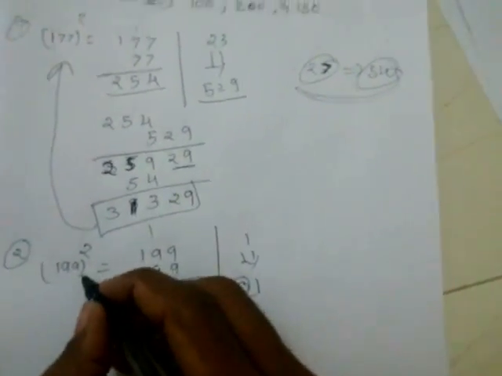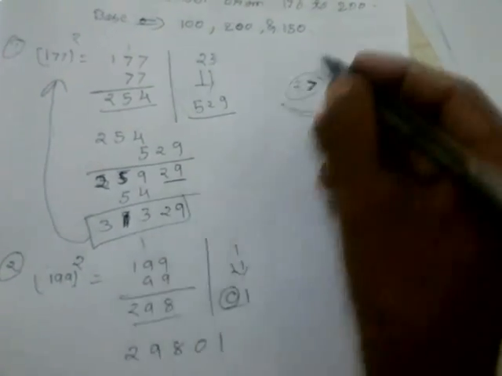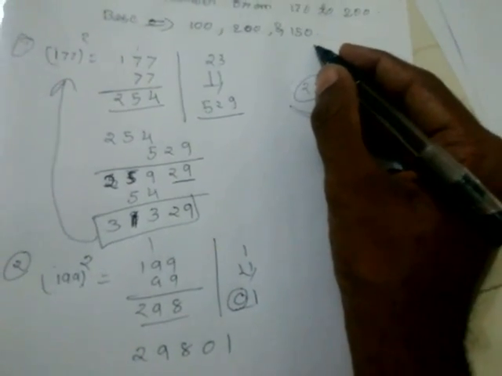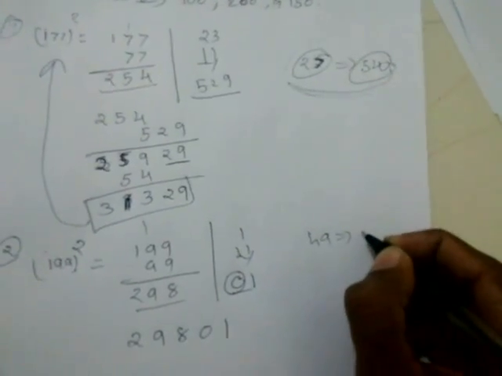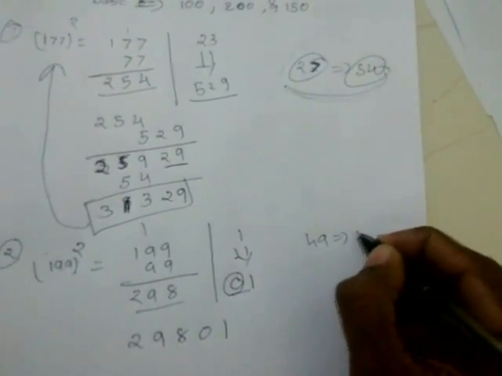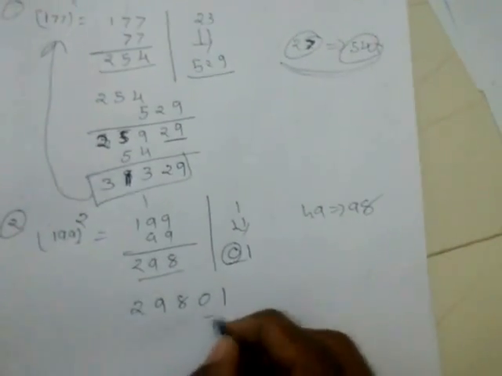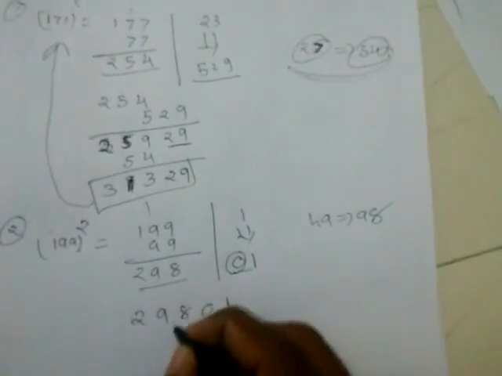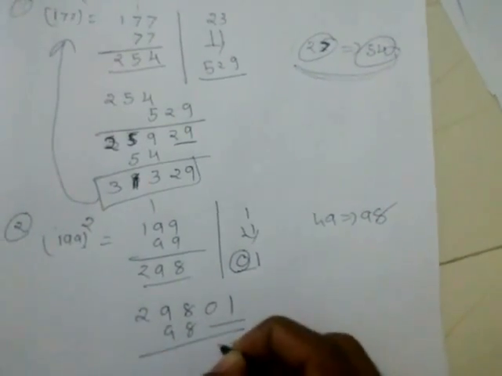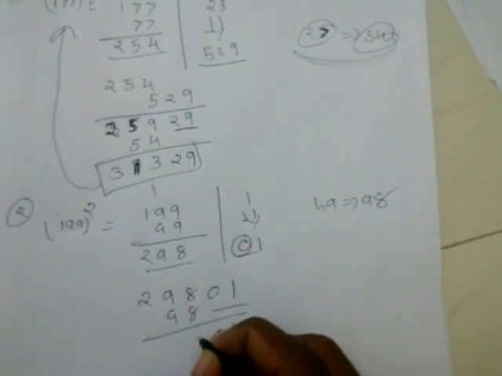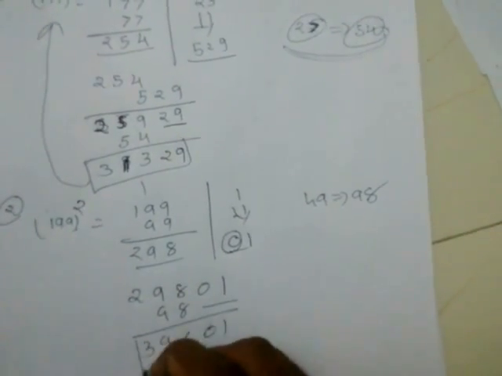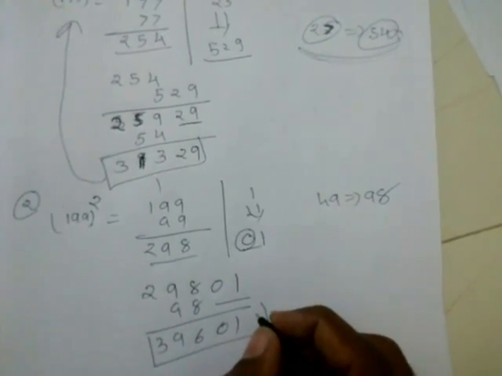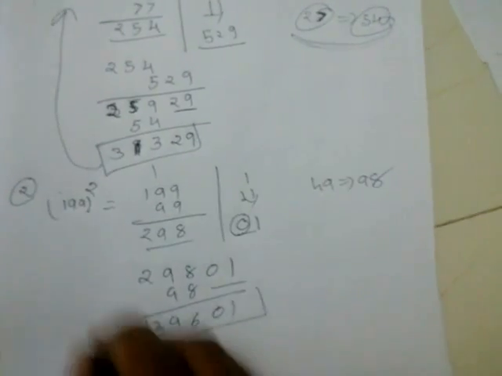Now in the third step, we need to find the difference between 199 and 150, which is 49, and 49's double is 98. Skip the last two digits and add 98 here, add them together, we get answer 39601.